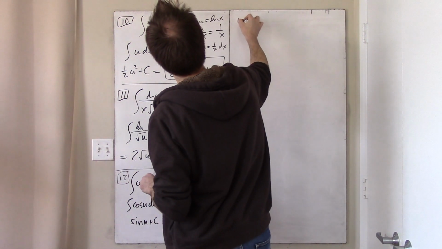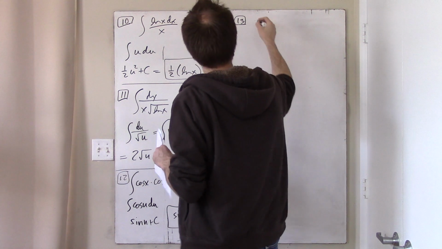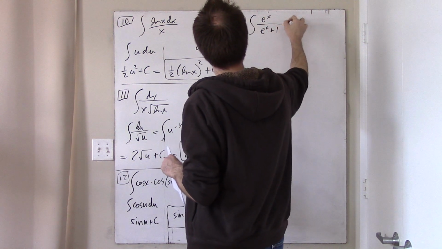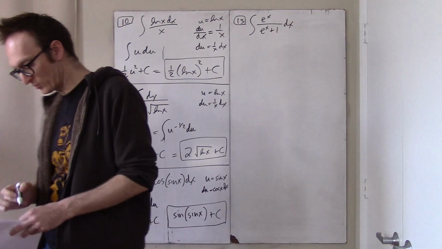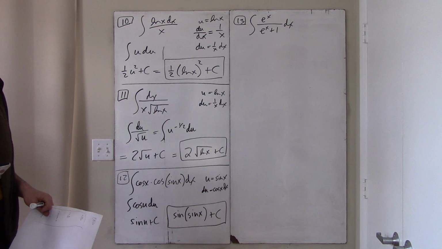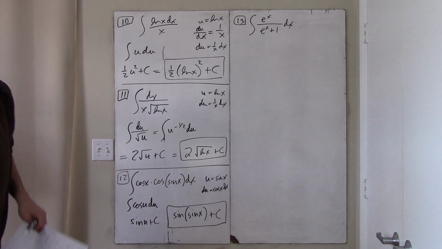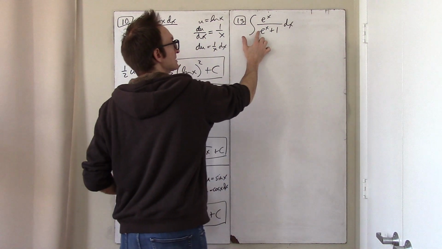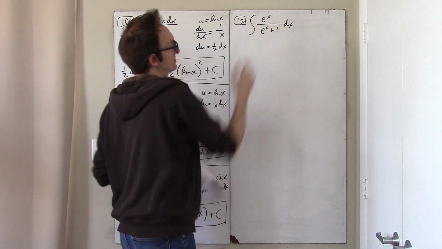13. Okay, what's this? e to the x over e to the x plus 1. This might confuse you maybe for a moment. What's going on here? Hard to say. Well, the derivative of e to the x is e to the x, and so the derivative of e to the x plus 1 is also e to the x.